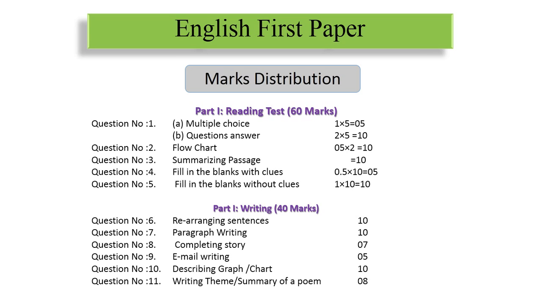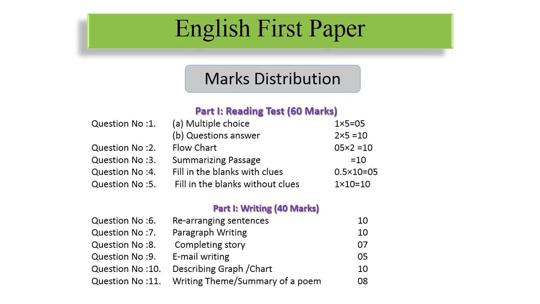That is called flowchart. When I discuss the topic flowchart, then I will show you how to write down a flowchart and how to answer it. Today I am just giving a brief view about the marks distribution system and how the question will be set.